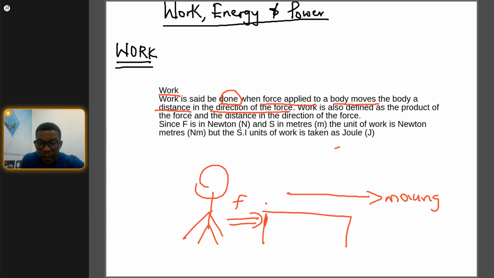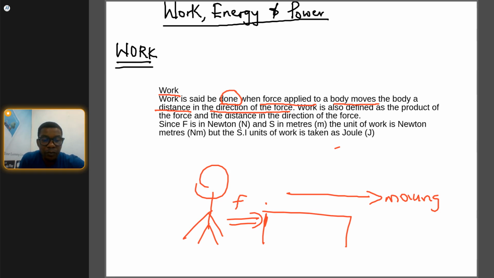Force was applied to the table, and the table will move in this direction. So it is expected that for work to be done, force has to be applied to a body, and the body has to move in the direction of the force applied.